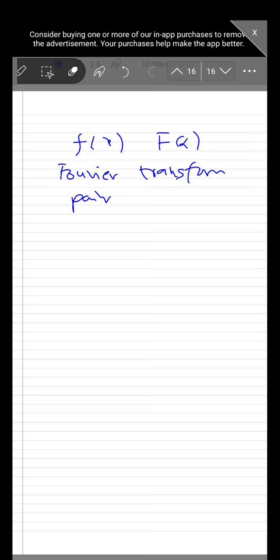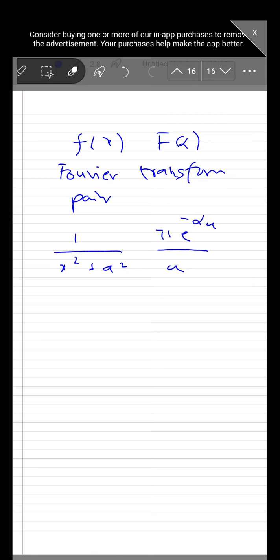Suppose we have 1 by x square plus a square as f(x), then the value of F(alpha) will be pi e to the power minus alpha a divided by a.